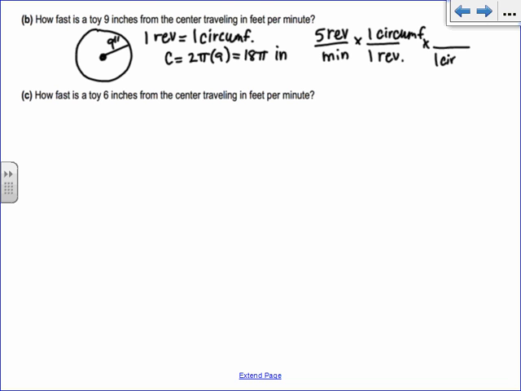But 1 circumference was how much? 18 pi inches, right? Think about what your units are right now. You have inches per minute. What do we want? Feet per minute. So what else do we need to do? We need to convert it into feet, right? We have inches, so we want to put 12 inches on the bottom and 1 foot on the top.